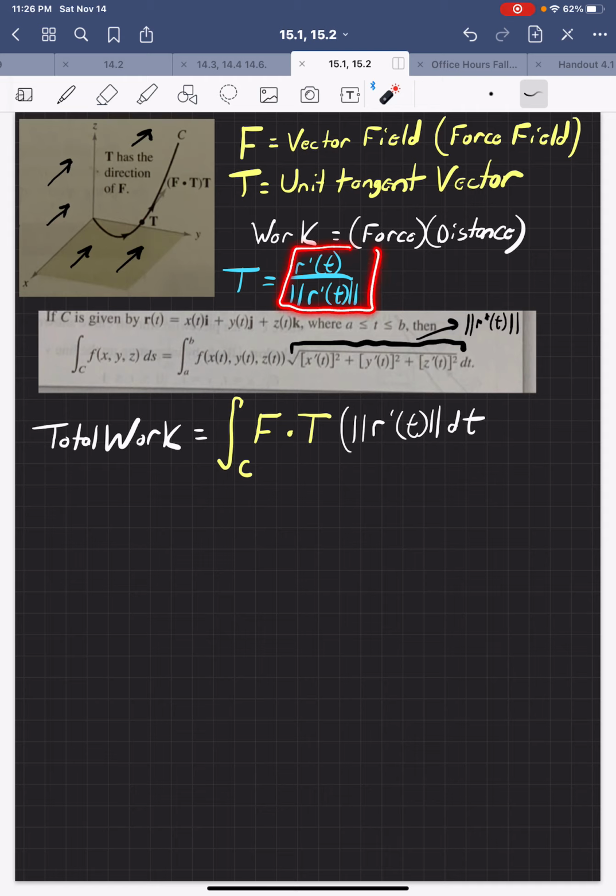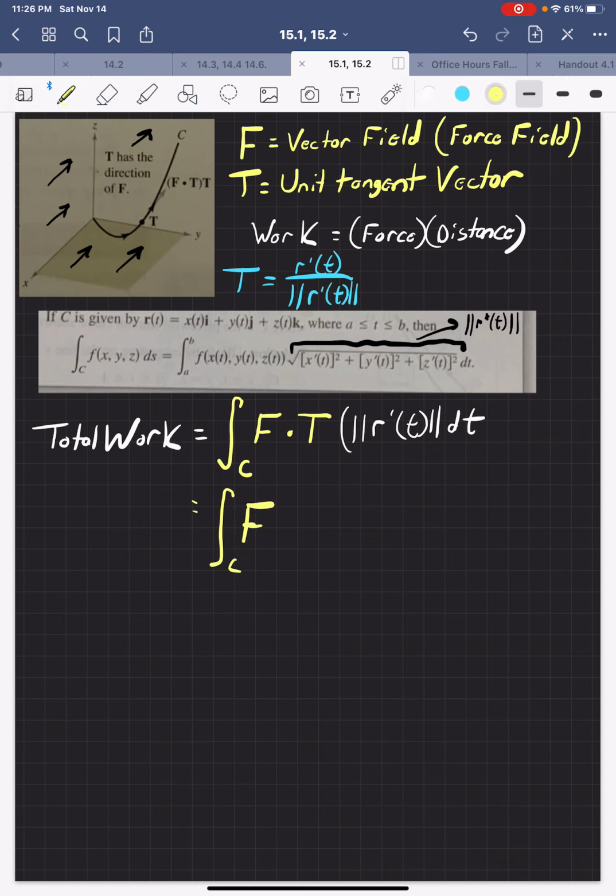If you can imagine me substituting r prime of t over magnitude of r prime of t here, you can see how the magnitudes are going to cancel out. I'm going to write it just so that you have it in your notes. So then it ends up looking like the following.